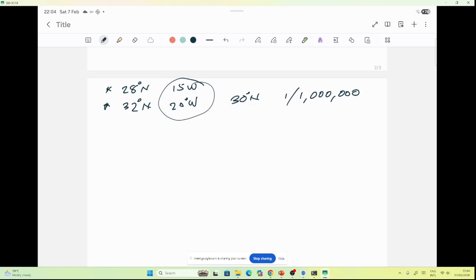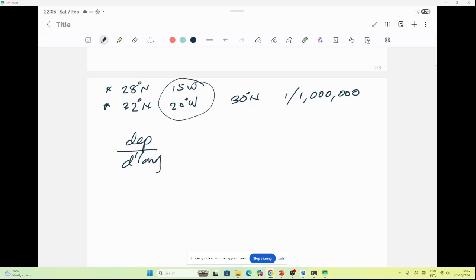Okay, right. So let's find out the longitude. Sorry, the D long 1 minute distance in 30 degrees north.